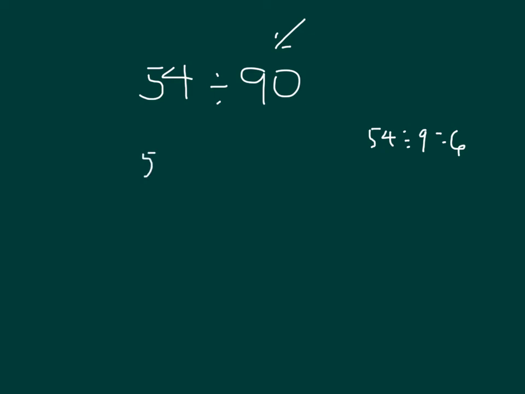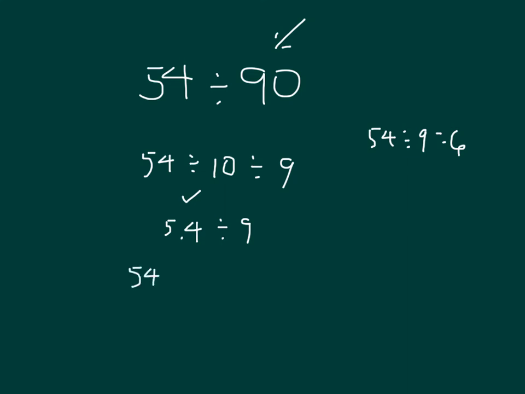So I can rewrite this as 54 divided by 10 divided by 9. Then, just as before, I have 54 divided by 10, which is equal to 5.4, divided by 9. If we rename 5 4/10 into tenths, that would be worth 54 tenths.